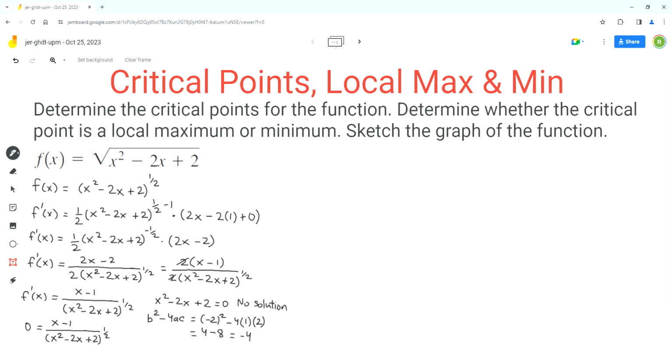Now we can cross multiply the denominator. So 0 times any term is equal to 0. So we get 0 equals x minus 1. And now we can isolate x by adding 1 to both sides. So the ones on the right side will get cancelled out. So we get x equals 1.